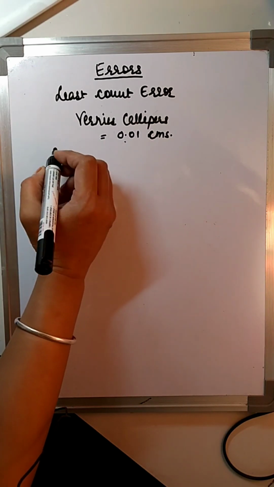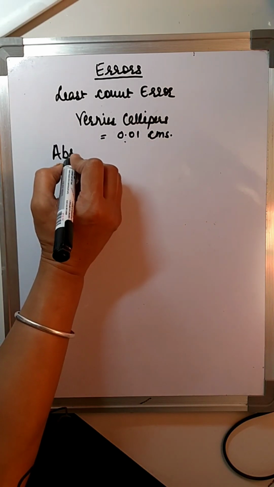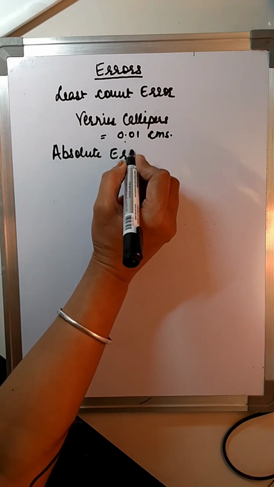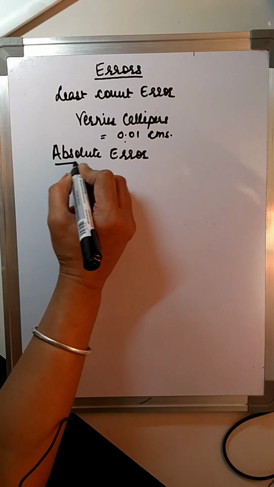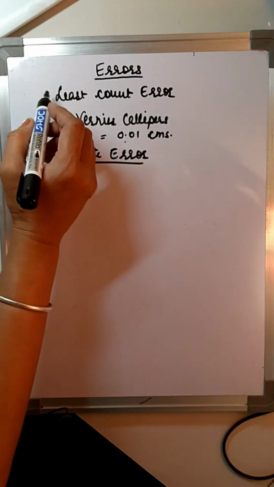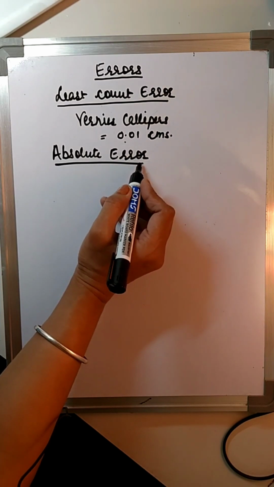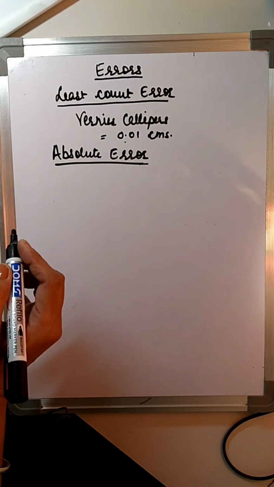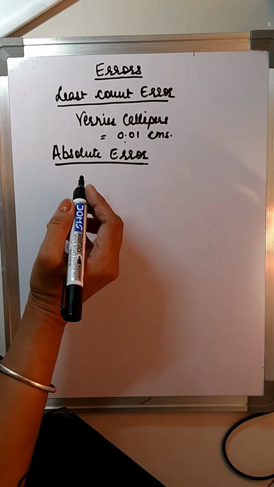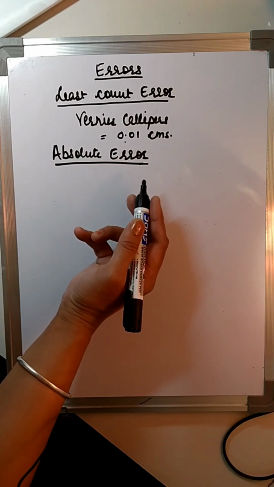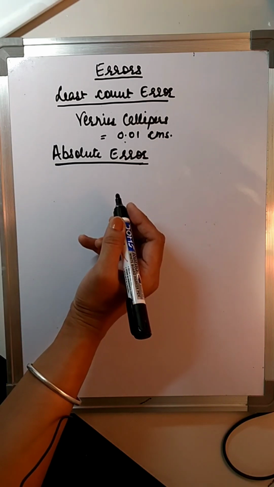So now next is absolute error. This was least count error. Now absolute error. To understand the absolute error, let us suppose that we are taking readings from some instrument or anything.